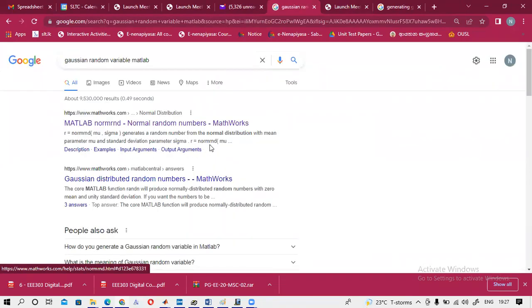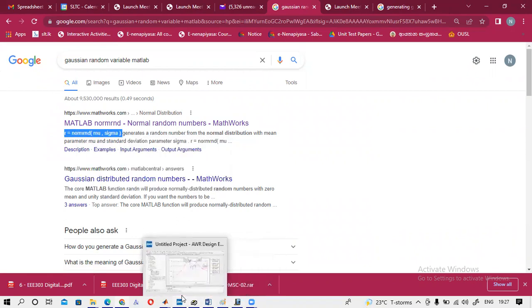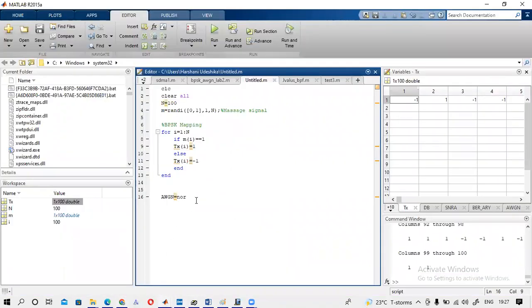This will be our norm rand, so we will have AWGN as norm rand. In AWGN the mean will be 0. It is a zero mean random variable, and we have some sigma value.